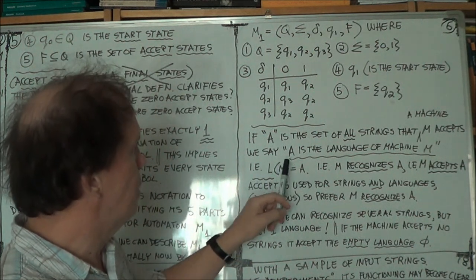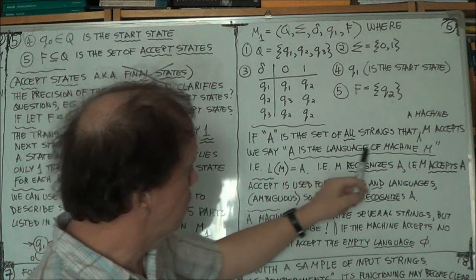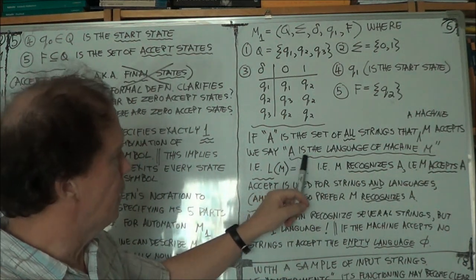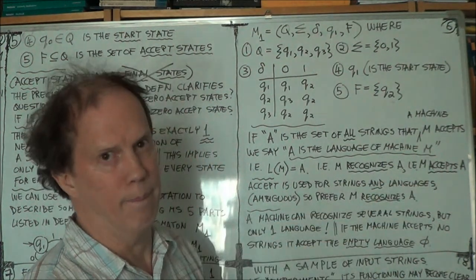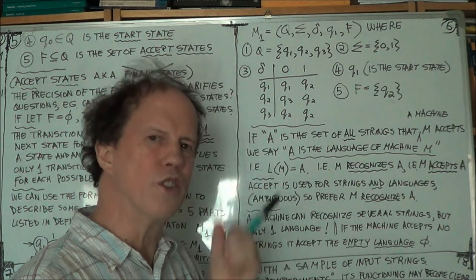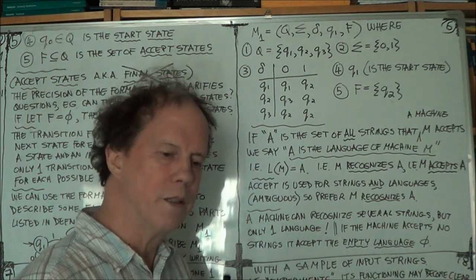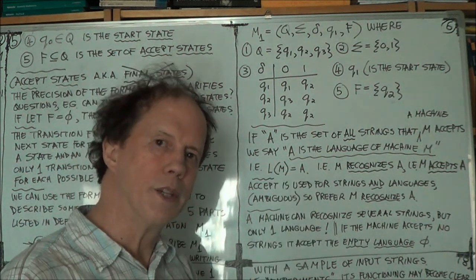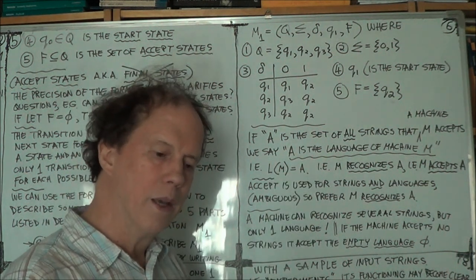And this is another way of saying the same thing: A, in fact, is the language of machine M. So think in terms of what an automaton does. What's its function? Its job is to recognize a language. And what does that mean?